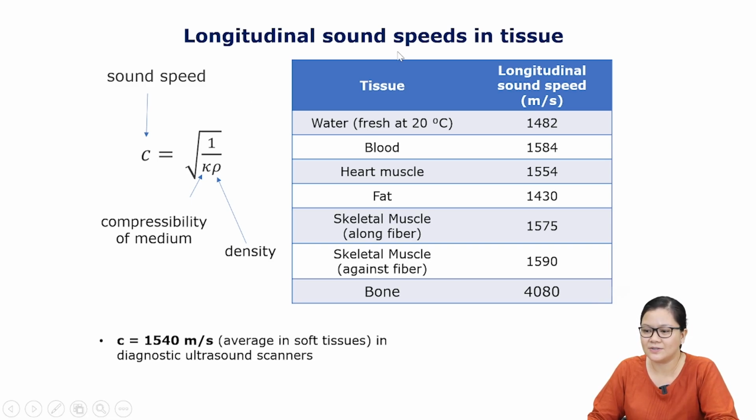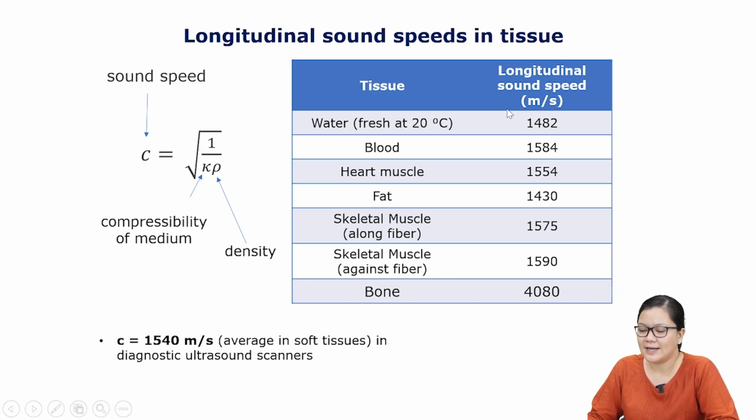As you can see here, tissues have different longitudinal sound speeds, and it's a factor of the compressibility of the medium, which is an inherent parameter of that tissue, as well as the density of the tissue. Of note, one divided by the compressibility of the medium is an elastic parameter known as the bulk modulus. So there's a mechanical parameter that is also related to the sound speed.